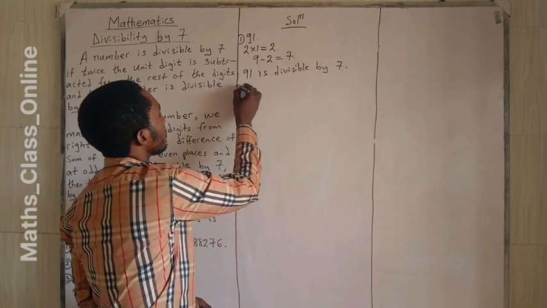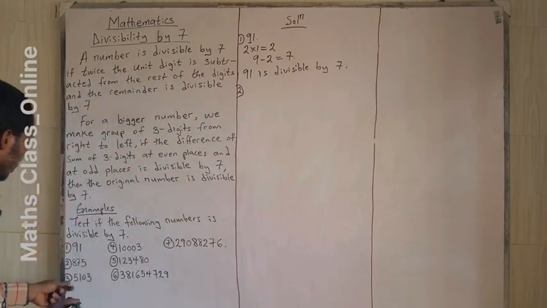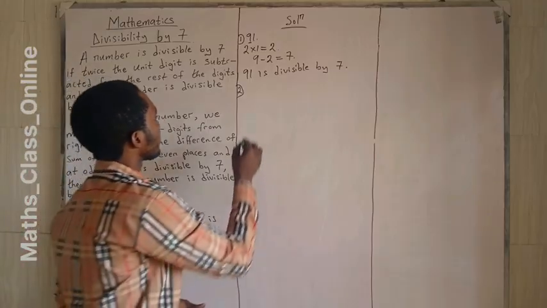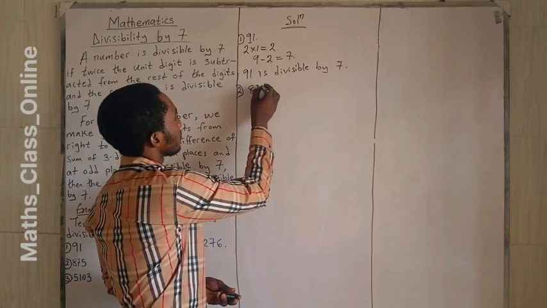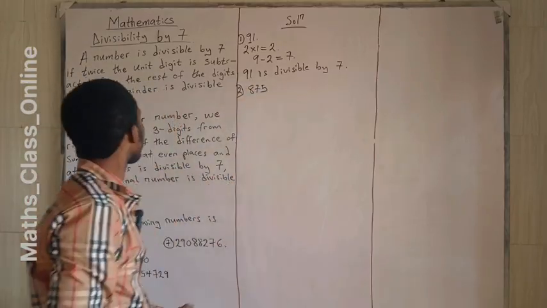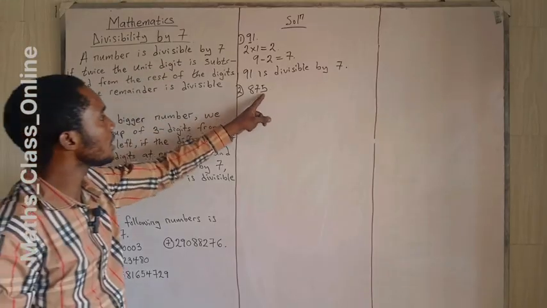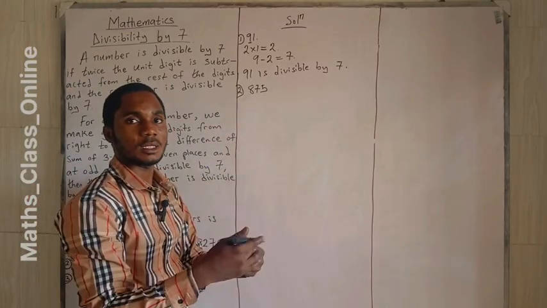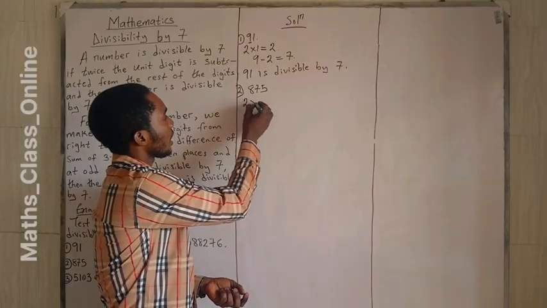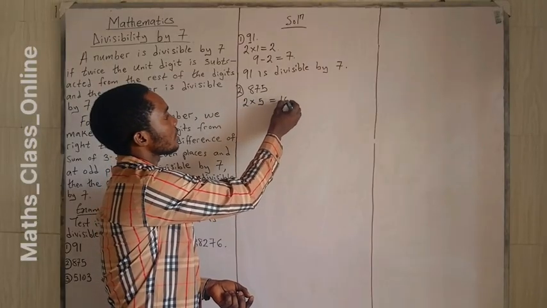Next example. We have 875. Twice the unit digit. The unit digit here is 5. Twice, double. That is 2 times 5. This will give us 10.